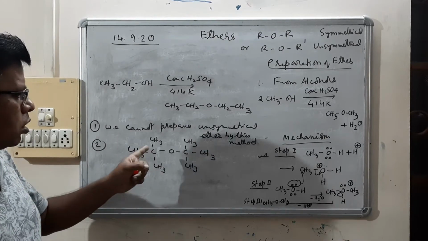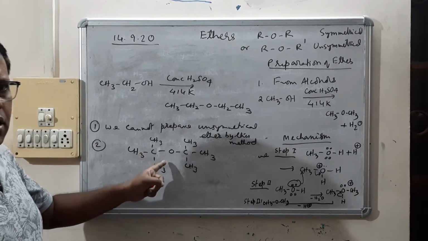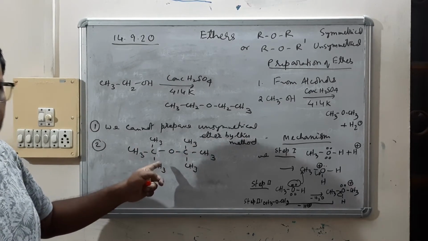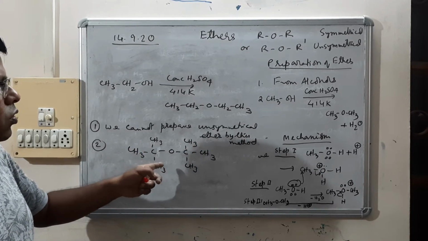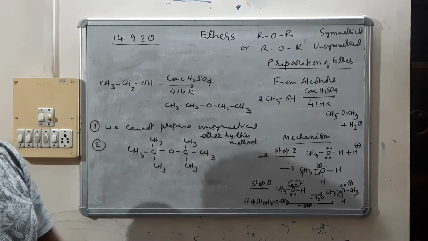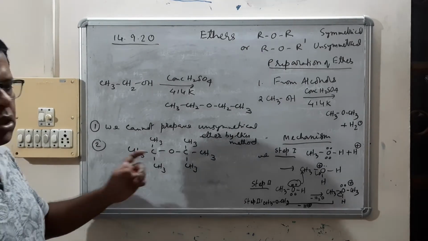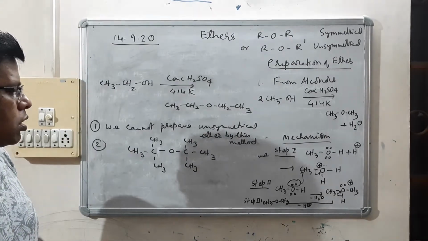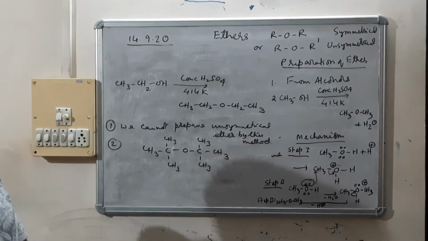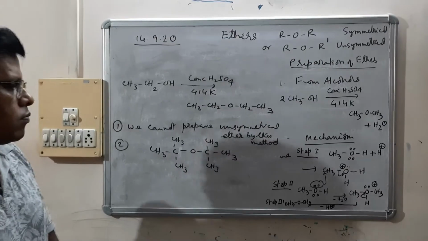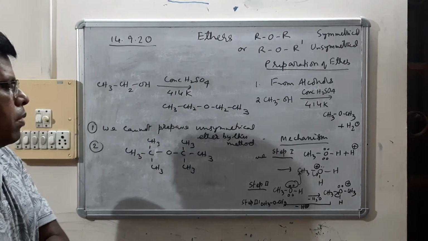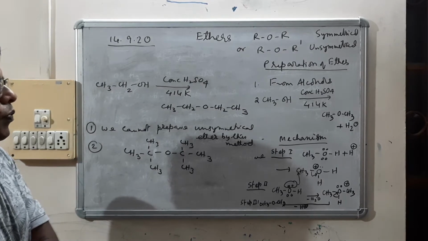If you want to prepare this ether by this method, then we have to take a tertiary alcohol. And with tertiary alcohol, substitution will not happen. Tertiary substrates will not undergo substitution, they will prefer to undergo elimination. That's why such ethers also cannot be made by this method.